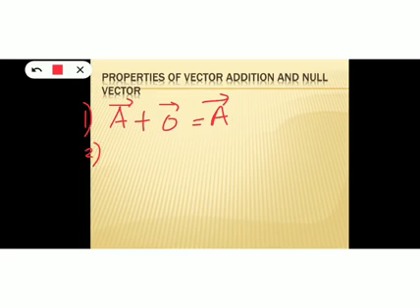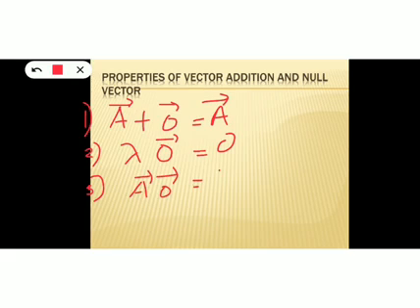Then if we multiply any scalar, let lambda be a scalar, with a null vector, you will get 0. And if you multiply any vector with the null vector, again you will get 0. So these are some of the properties of null vectors.